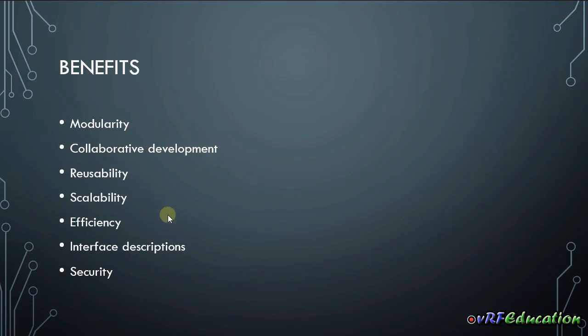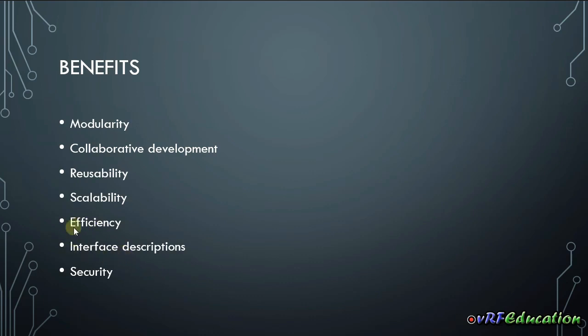Modularity, collaborative development, reusability, this is the most important one. Scalability, as I told, when the application grows dramatically, you can scale your software easily. Efficiency, and this is because we separate objects from each other, and we can use services from any object that we want instead of tightly coupling each object to each other.